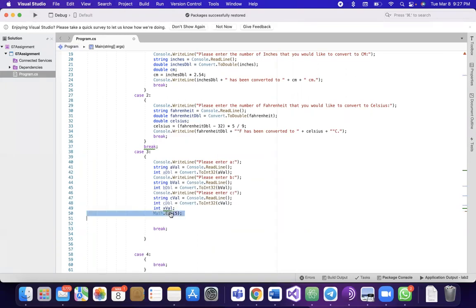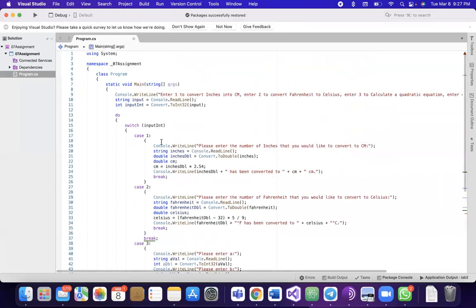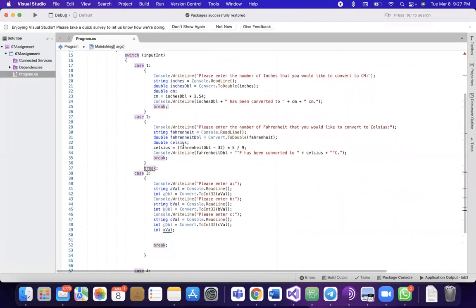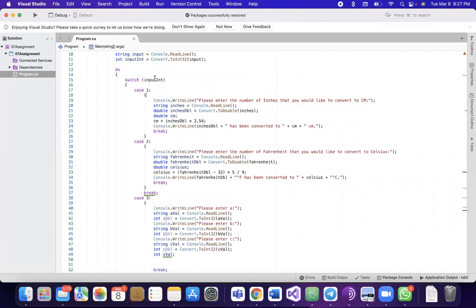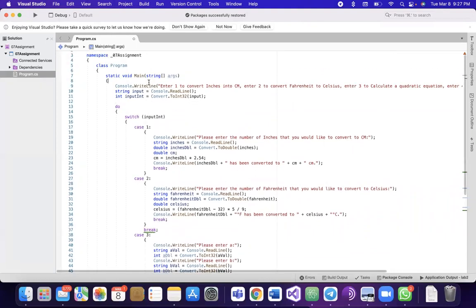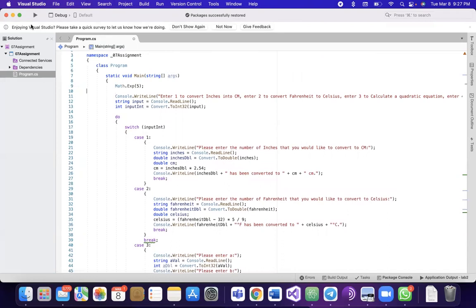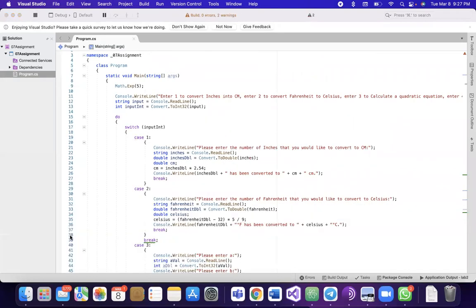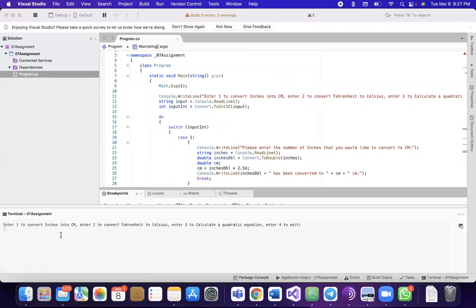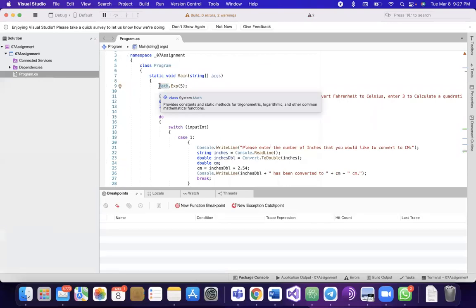So this is basically what they're telling us, the way you use exponents in this program. Just type it right here. Okay, sorry.